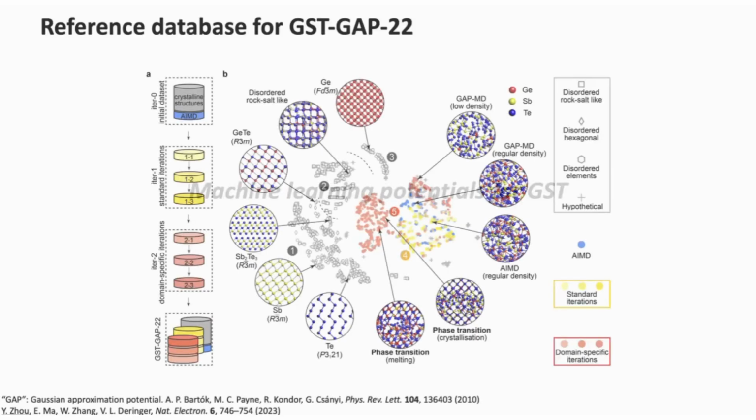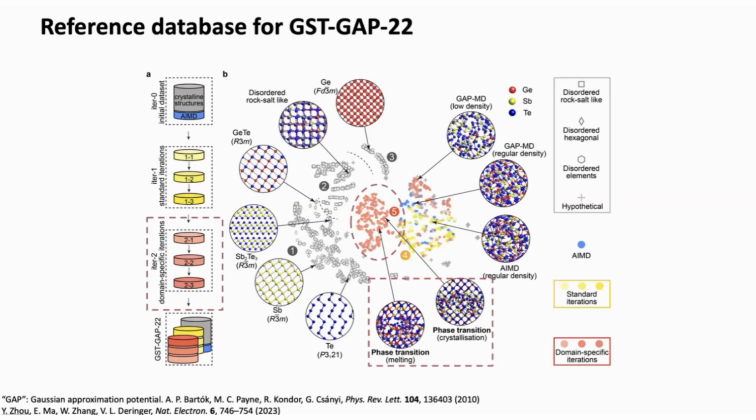So to enable atomistic simulation of GST devices, we developed a chemically transferable machine learning potential for different GeTe compositions based on the Gaussian approximation potential framework. We call it GeTe GAP-22. We hand-built the whole training dataset using an iterative training protocol.